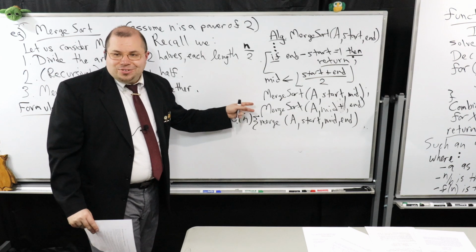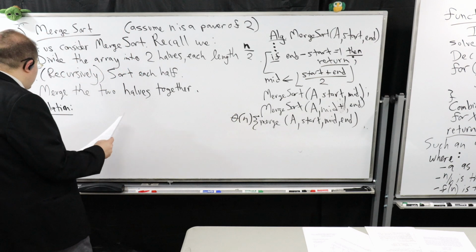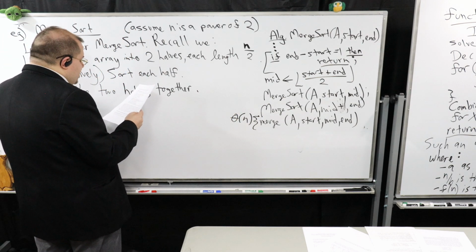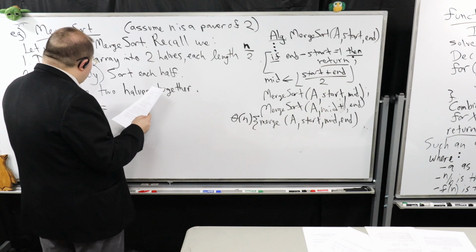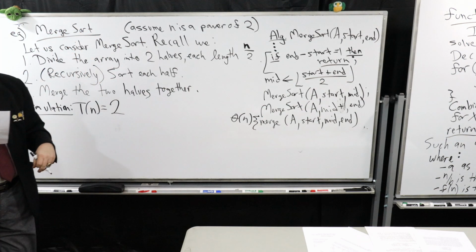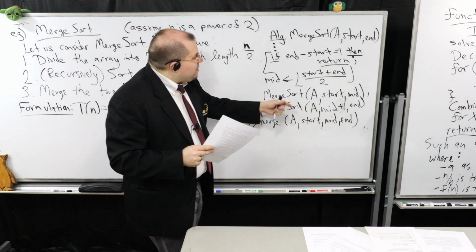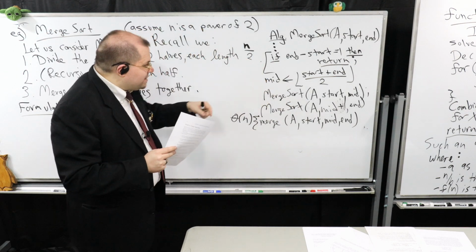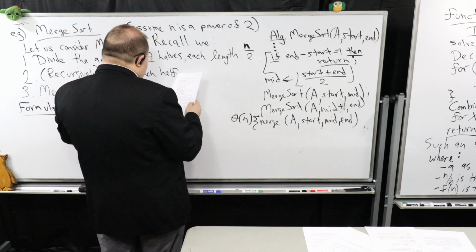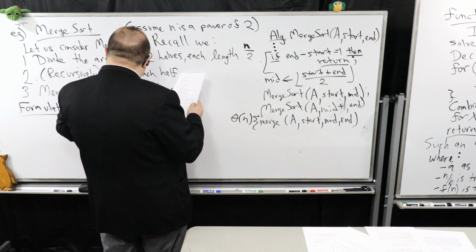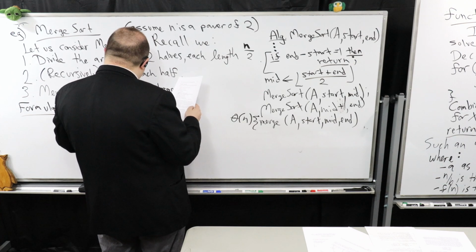It's 2, right? There's just 2 recursive calls that happen. So when I write out what's happening as a recurrence relation, you know right away that a, the number of recursive calls, is going to be 2. Each one of these, if n is a power of 2, is going to be exactly a half. So I'm going to subdivide this into 2 halves, right?